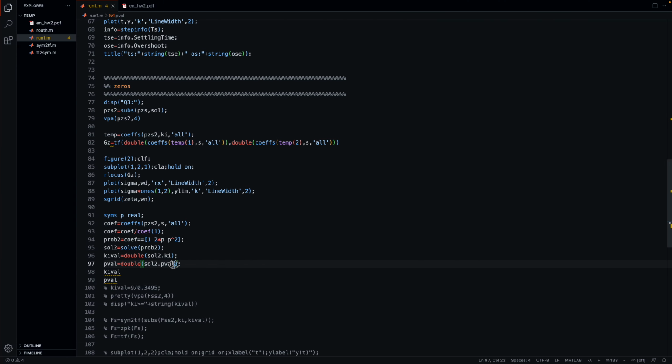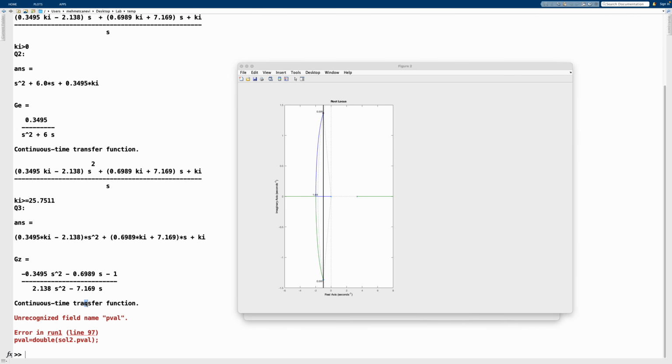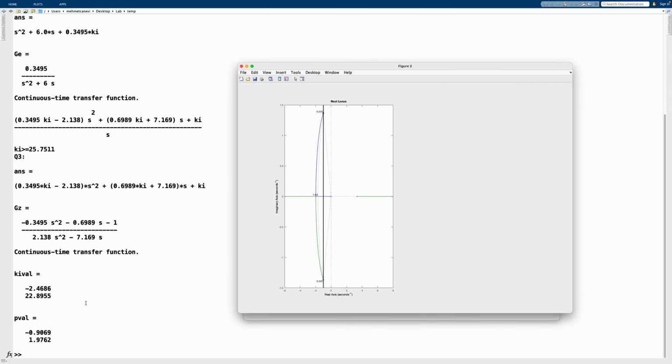Of course, it's called p, not p-val. Now we can see that there are two solutions to this, and one of them is for positive p-val and the other one is for negative p-val.